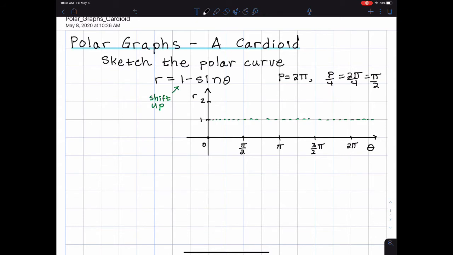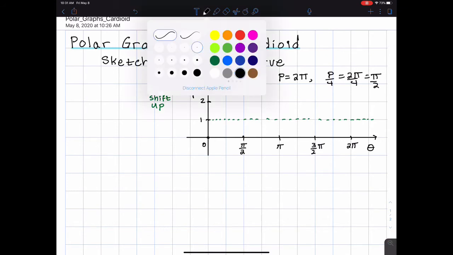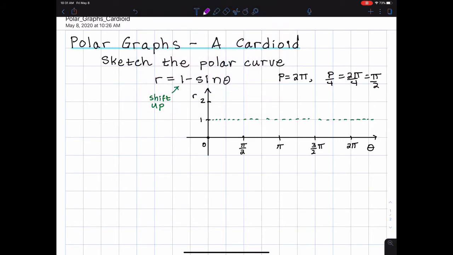All right, so I'm going to draw negative sine theta, which is the sine curve reflected around a horizontal. And so let's go ahead and do that. So it's going to look like this. I feel like I was too nervous or something to get a nice smooth curve. It should be really smooth looking. But I mean, it really doesn't have to be perfect.